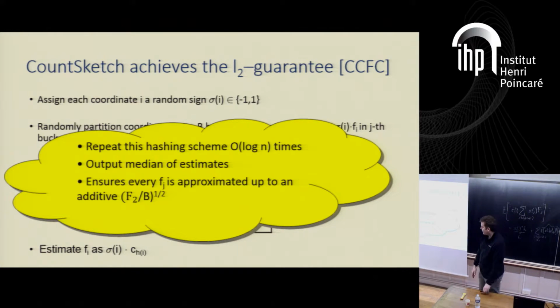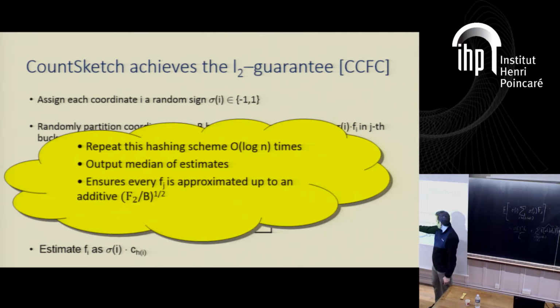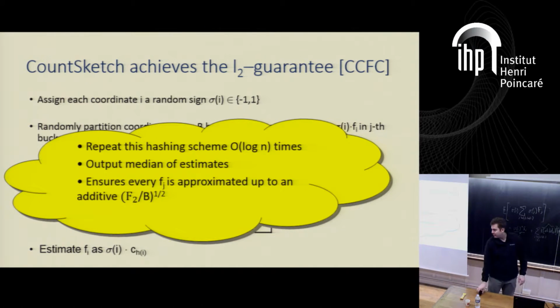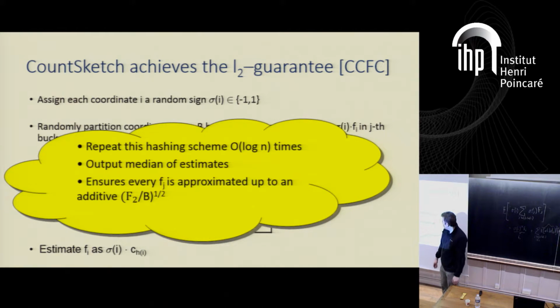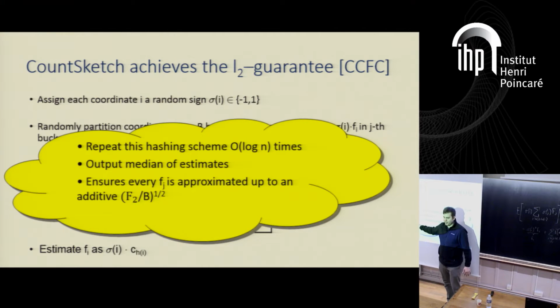Then what you can show is that every frequency, f_j, is simultaneously approximated up to an additive error of square root of F2 over b. Let me say where this is coming from. First of all, since you're repeating this log n times, the frequency is going to be approximated up to this additive error with very high probability, 1 minus 1 over n. And so you can union bound over all the items to get a guarantee for every item.